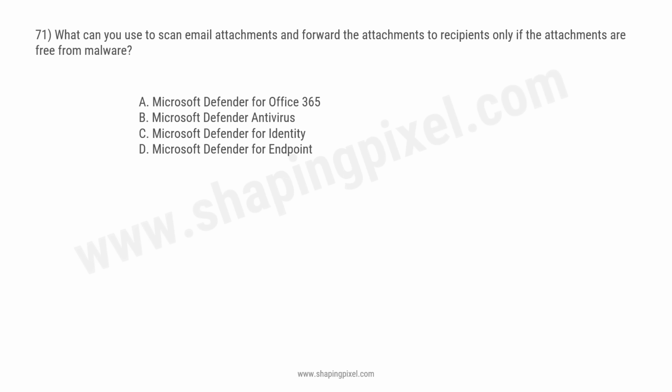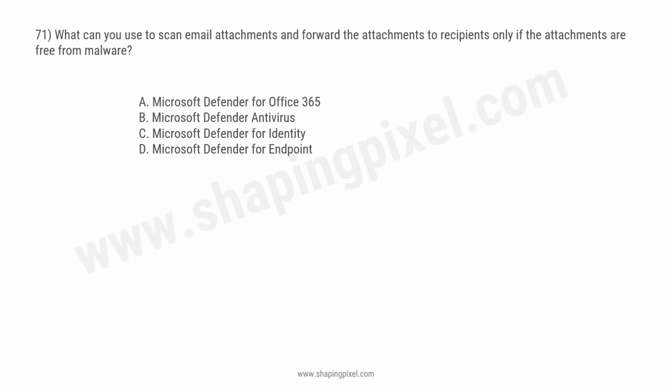Question number 71. What can you use to scan email attachments and forward the attachment to recipients only if the attachments are free from malware? And we have four options. Option A, Microsoft Defender for Office 365. Option B, Microsoft Defender Antivirus. Option C, Microsoft Defender for Identity.